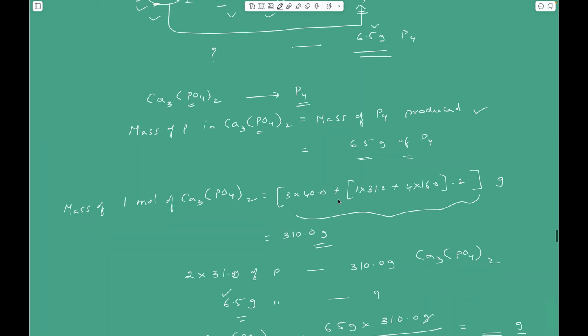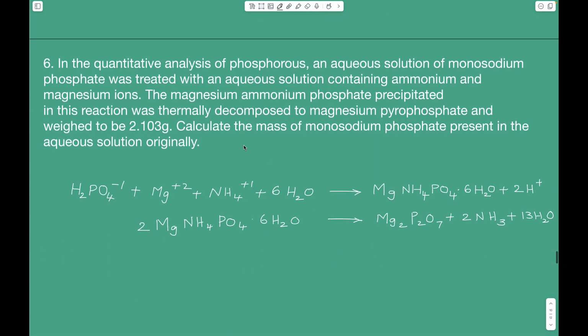Now let us work out another example. In the quantitative analysis of phosphorus, an aqueous solution containing monosodium phosphate was treated with magnesium and ammonium ions in an aqueous solution.